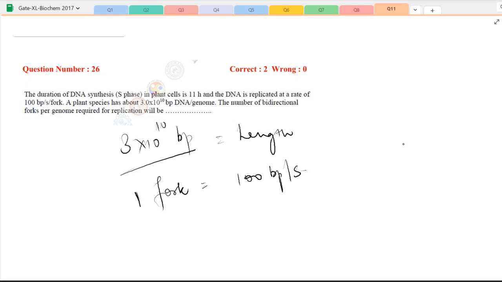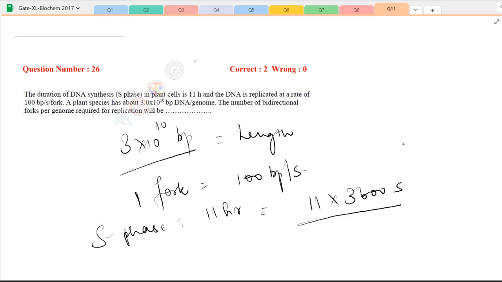So basically, the S phase for this particular plant cell is 11 hours. 1 hour has 3600 seconds, so this is a basic fact. So 11 hours will have 11 × 3600 seconds. For this many seconds, what is the total number of base pairs that one fork can replicate?